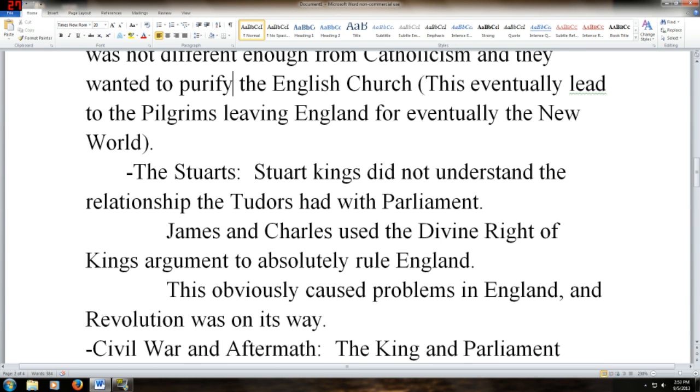See, the Stuarts, these guys, James and Charles, they wanted to use that divine right thing again, and they wanted to absolutely rule England, kind of what Louis XIV had said, I am the state. So James and Charles, they pretty much disrespect and disregard everything Parliament is doing. In fact, Charles completely abolishes the Parliament.